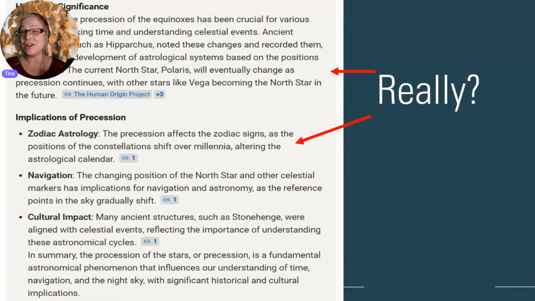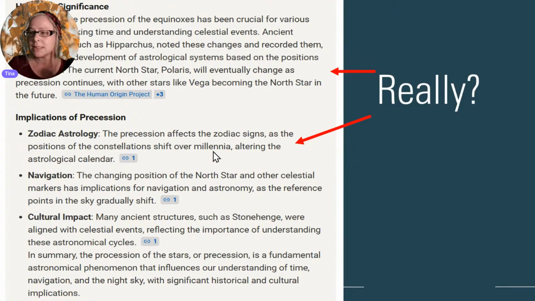All right, so let's continue on here. It says the zodiac, astrology. The precession affects the zodiac signs as the positions of the constellations shift over a millennia. Were you there a millennia ago? Do we have witnesses a millennia ago?